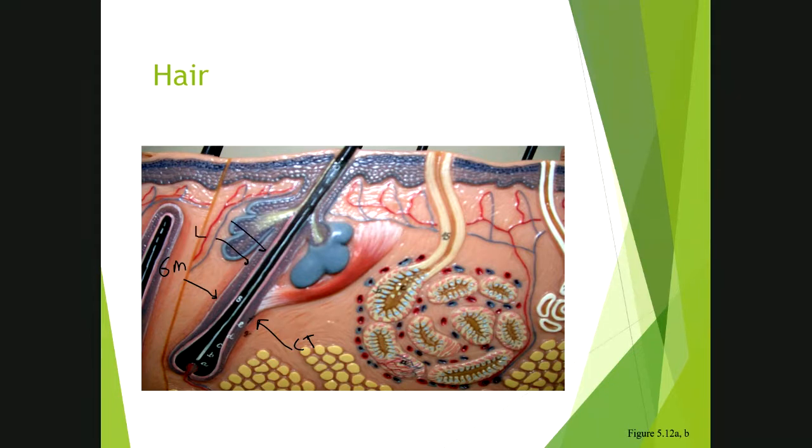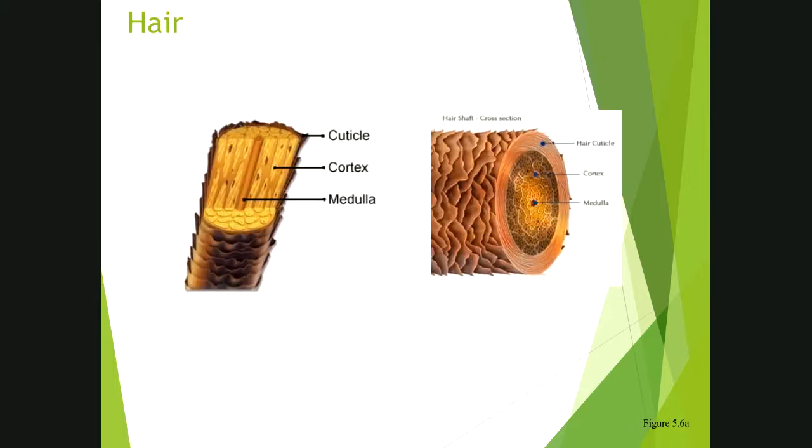And that's the external epithelial root sheath and the internal epithelial root sheath. And then the hair, there's a little pink line right here. That's the cuticle, and then the black is the cortex, and then the white line in the middle is the medulla. So cuticle, cortex, and medulla. And there's the cuticle, cortex, and medulla.